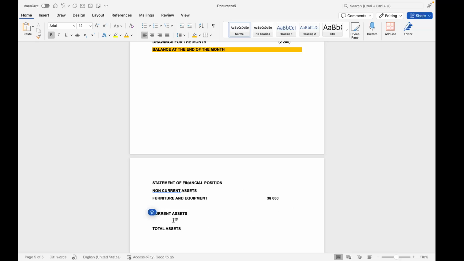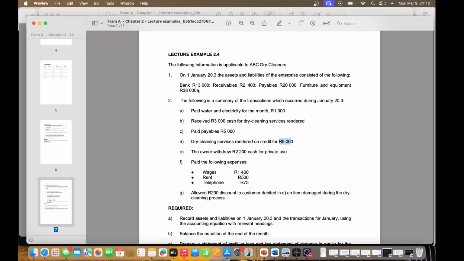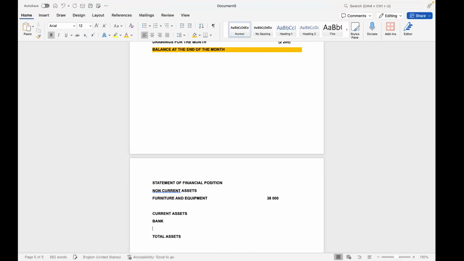And then our current assets, we're gonna have, let's have a look. Our current assets here, we have bank and receivables. So we're gonna say bank, and then we're gonna say receivables. Our bank here was 5,825, and our receivable here was 8.2, right? So meaning that our total current assets here is going to be how much?